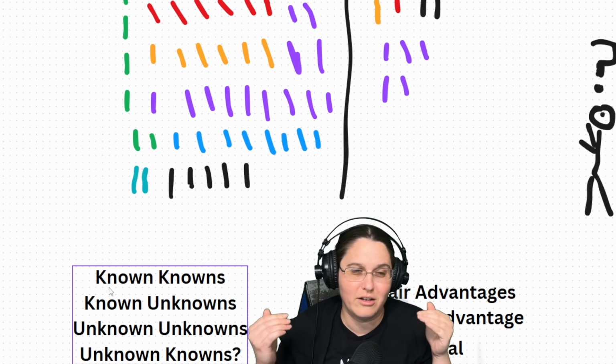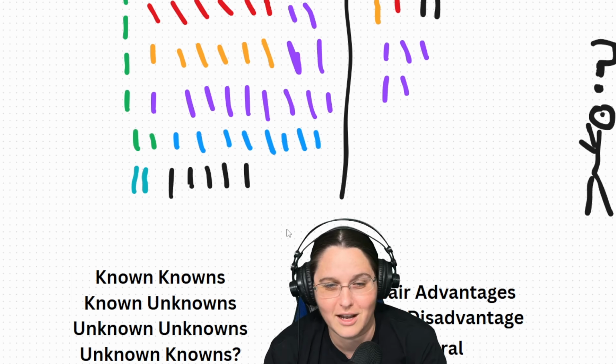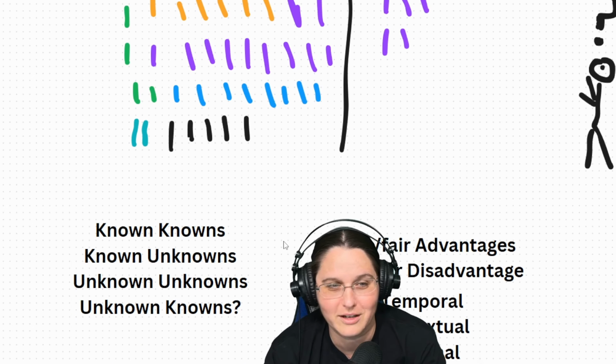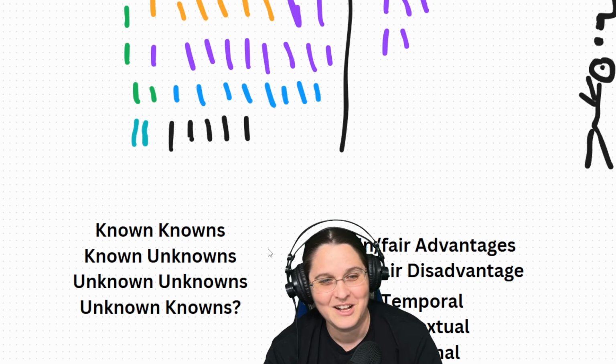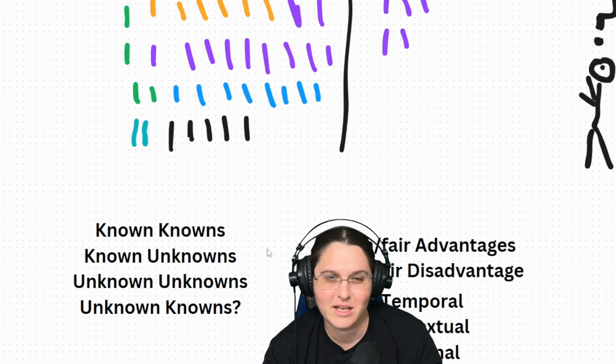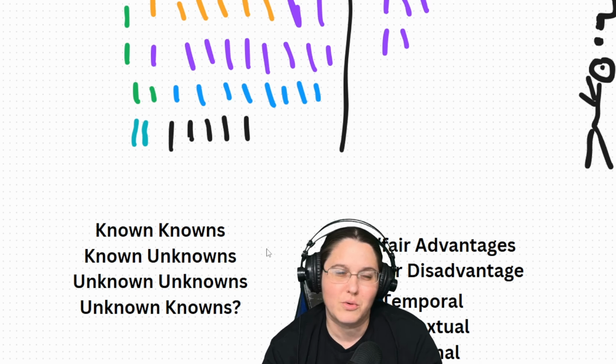And then the unknown knowns, which is a funny category because it wasn't a Rumsfeldian category, but that is something that you know, but you choose not to acknowledge or pretend that you're not aware of it. And some of these maybe are a little spicy. You would know that in some species you have to sell to people that you don't think will take very good care of those animals.